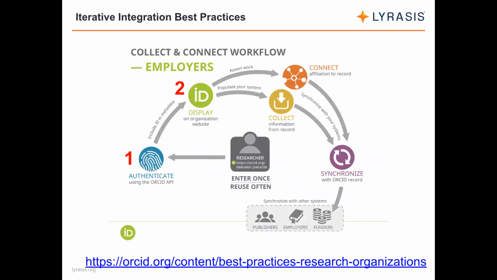From there, you can focus on using the API to collect or read information from authenticated ORCID records, as well as connect or write information to ORCID records. Ultimately, you can configure your systems to automatically synchronize when updates are made to ORCID data on affiliated researchers' records.